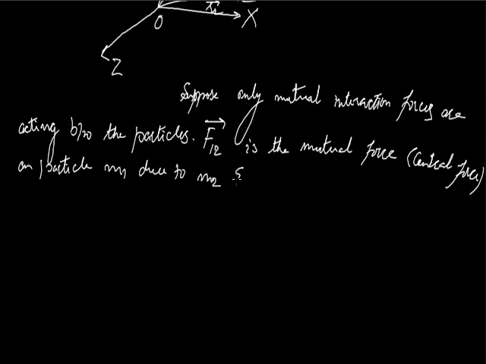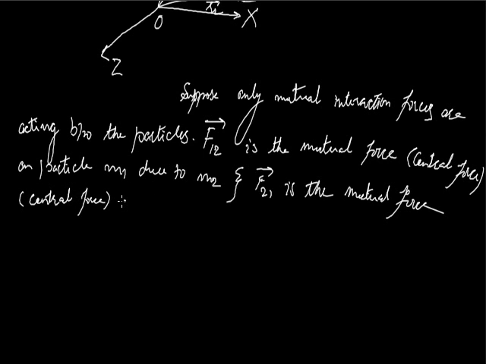And F21 is the mutual force, that is again a central force, on M2 due to M1.